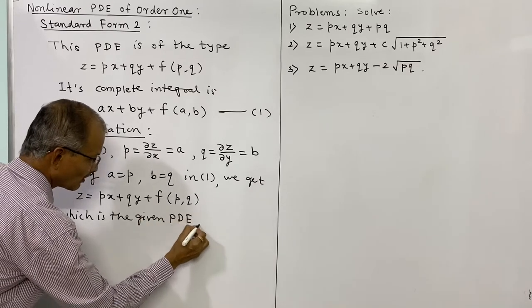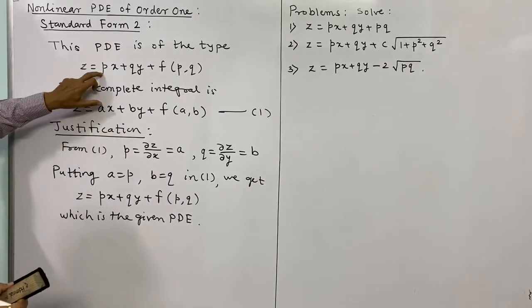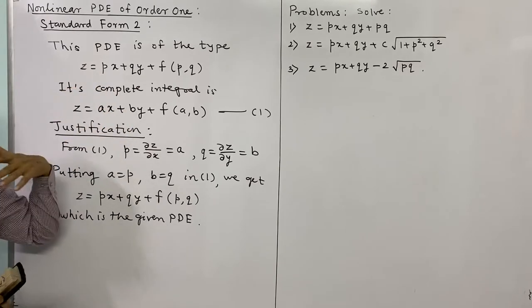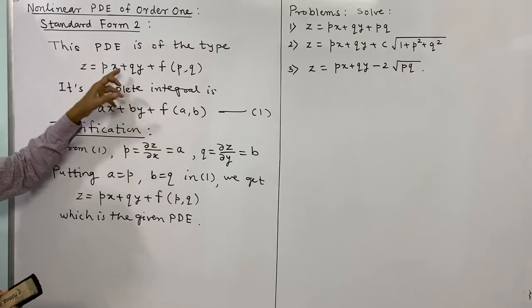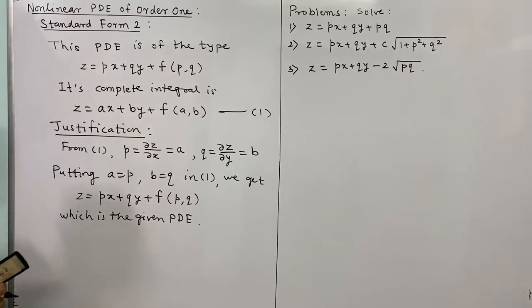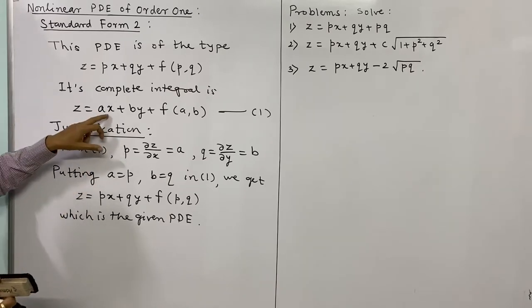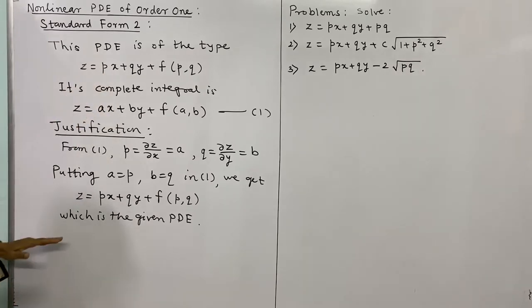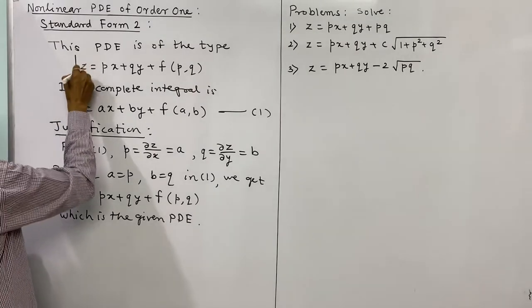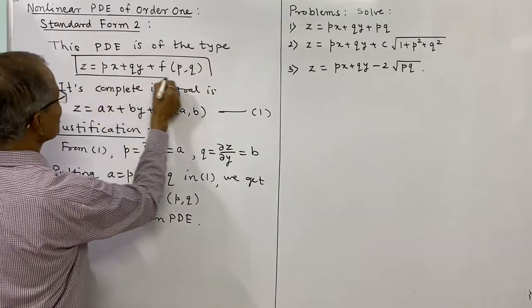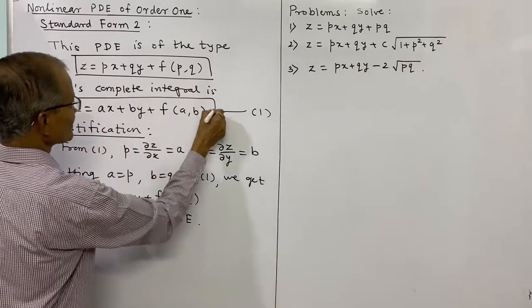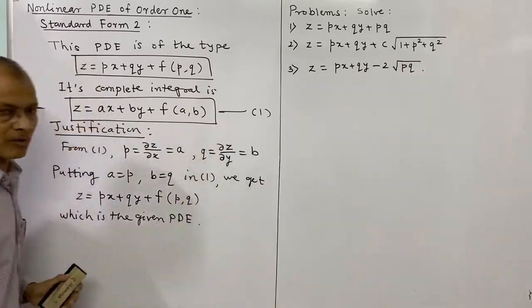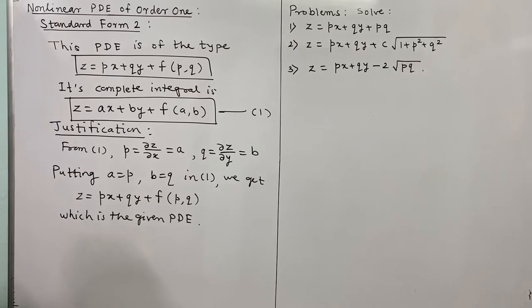Therefore this satisfies the PDE, and it has as many arbitrary constants as the number of independent variables. So 1 is the complete integral of standard form 2. We should remember both of these: standard form 2 is this one and its complete integral is this one. Now we will write about the remaining integral, that is, the general integral.